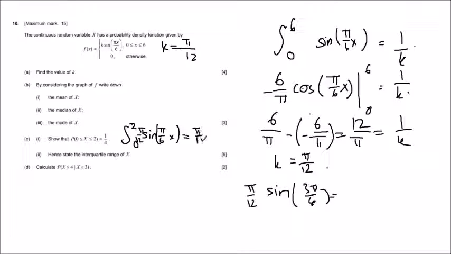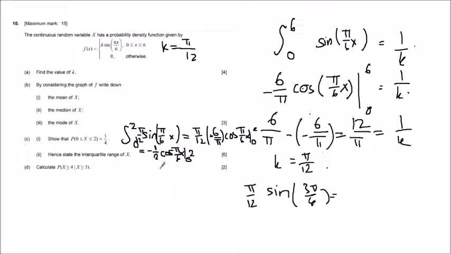So that's equal to pi over 12 times minus 6 over pi cosine pi over 6 x, evaluated at 0 to 2. That gives you minus 1/2 cosine pi over 6 x, evaluated from 0 to 2. 2 over 6 is 2 pi over 6, which is pi over 3, which has a cosine value of 1/2.